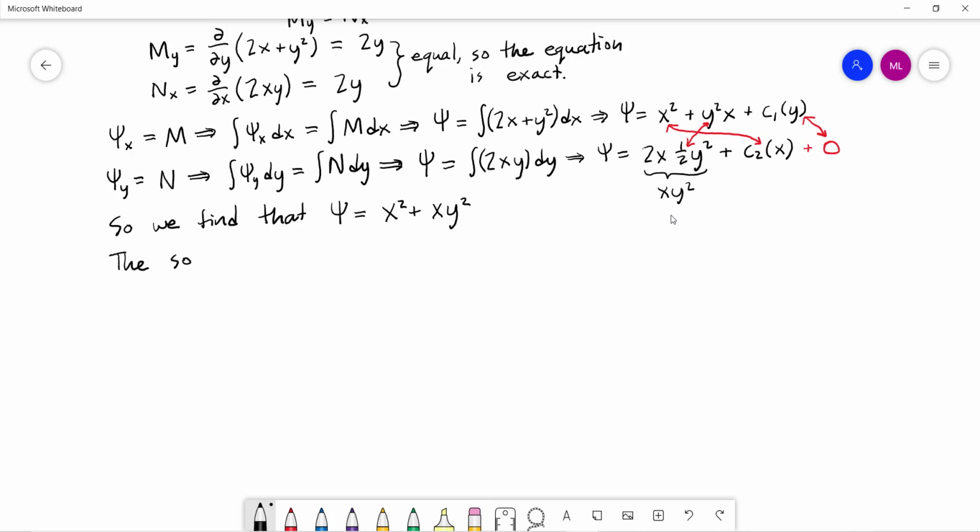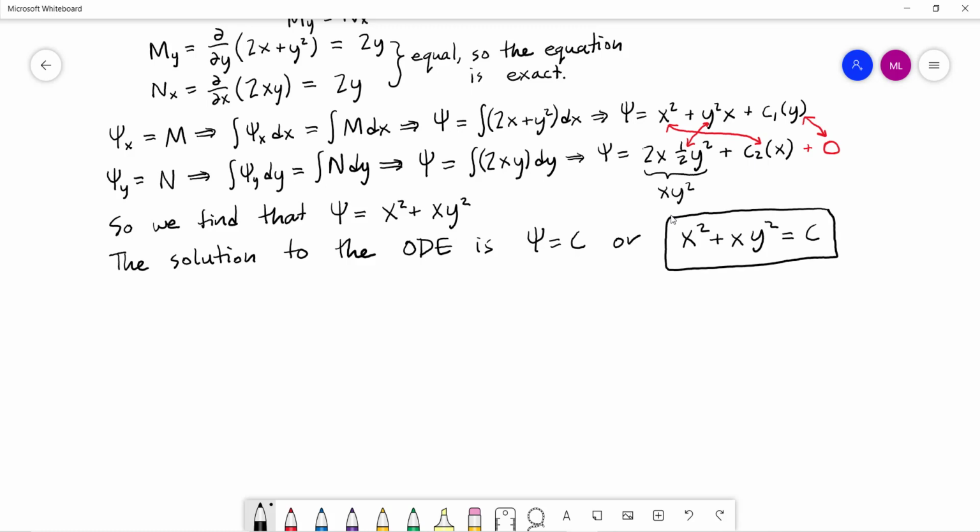The solution to the original ODE is psi equals a constant, or to make it totally explicit, x squared plus xy squared equals a constant. There is our solution.